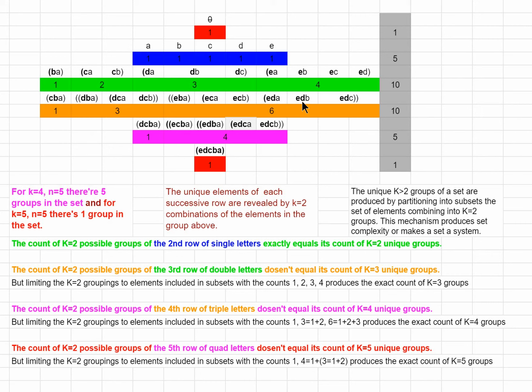And with this group, we have EDB combined with EDA, which will give us EDBA. And then we have EDC combining with EDA, which will give us EDCA. And finally, we have EDC combining with EDB, which will give us EDCB. So we have the 5 groups of k equal 4, exactly composed from the partitions.